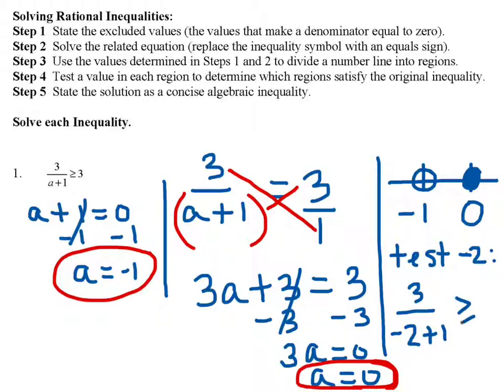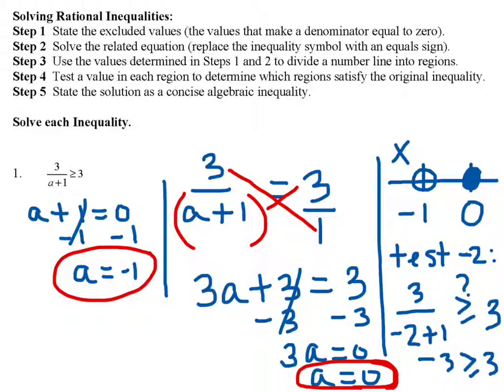Is it true that this is larger than 3? When plugging this in, we end up with 3 over negative 1, which would be negative 3. And this is certainly not equal to or greater than 3. So the values that lie to the left of negative 1 will not satisfy our original inequality.